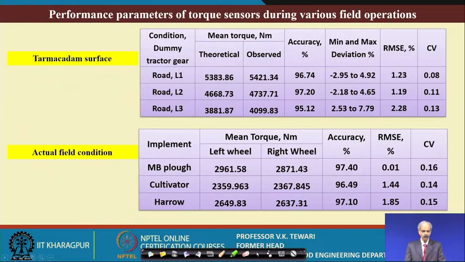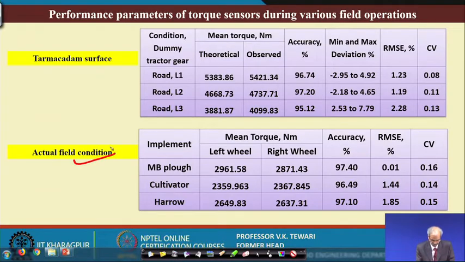So, then we are in a position to measure the performance of the torque sensor during various field operations. I have shown you how all these equipment are connected to the instrumented tractor, and what the variation in performance is. You can see at actual field condition.